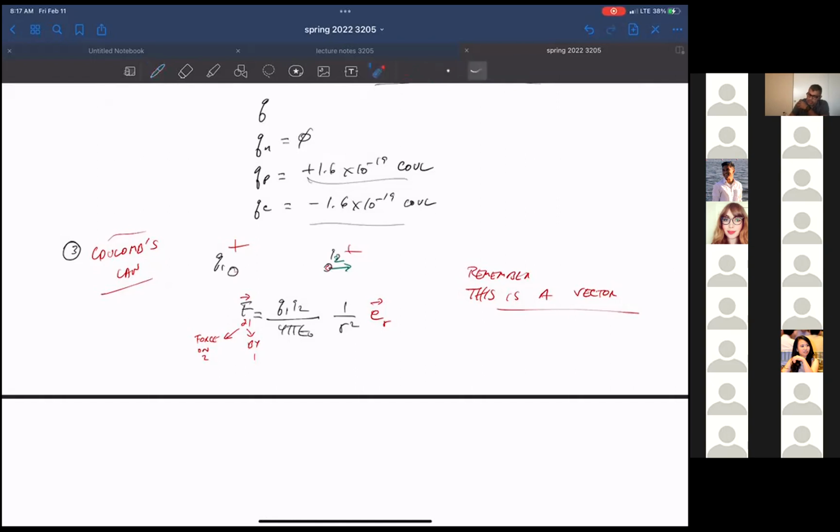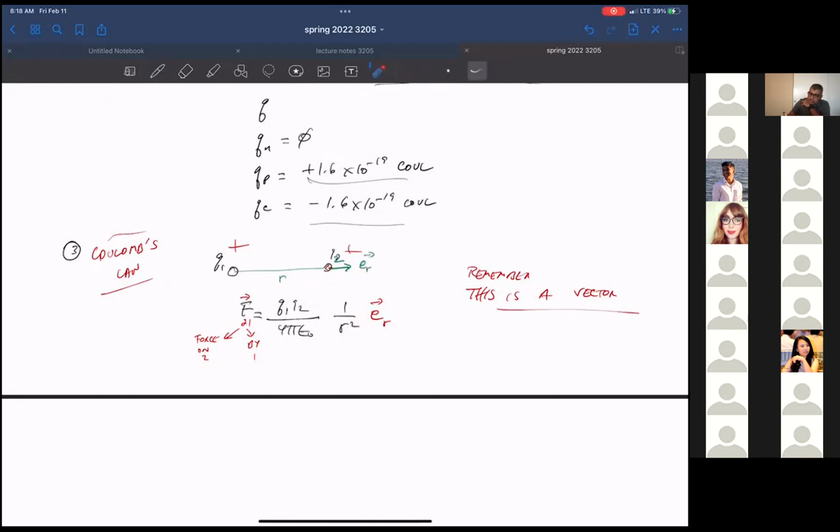Assuming these two are separated from each other by R, the amplitude of that force on Q2 is this quantity. And the direction of that force, because we're assuming they're the same positive charges, is away in this direction. So this is E sub R.